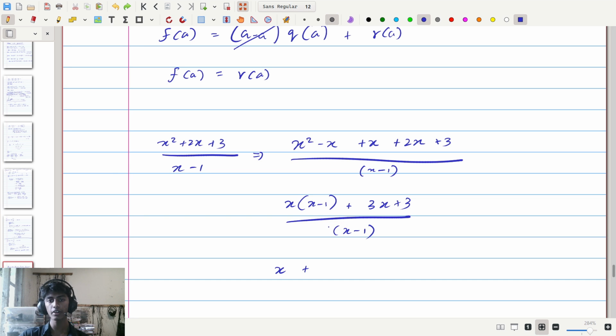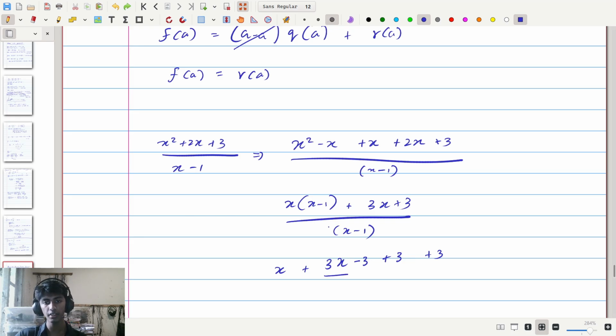What we need here is a 3x minus 3. So we can do that simply by doing 3x minus 3 plus 3 plus another 3. These are the two things that we added and subtracted.